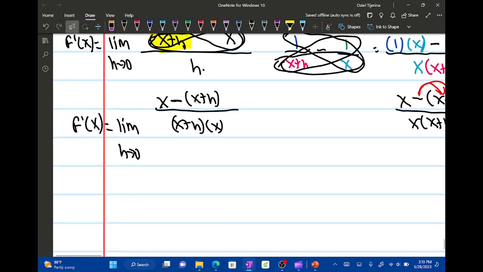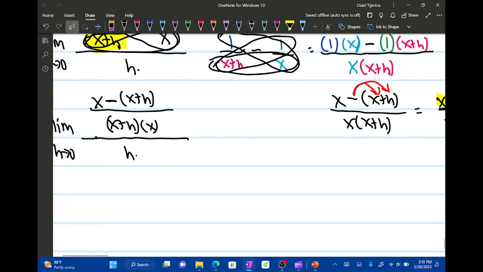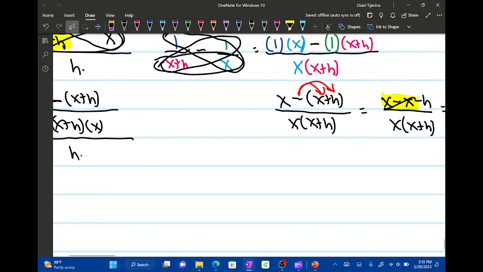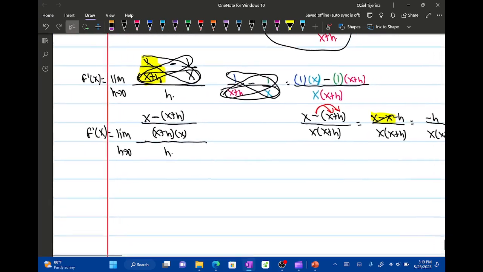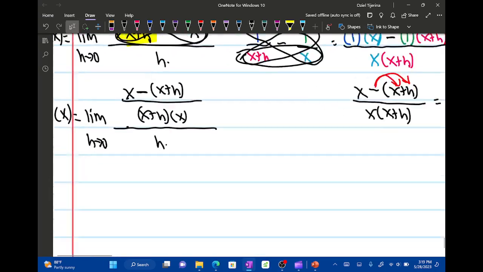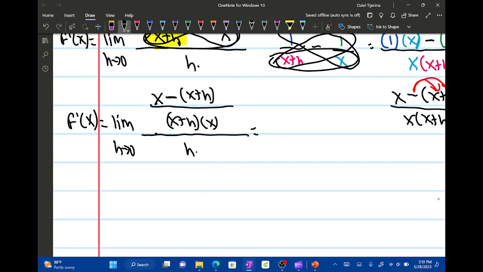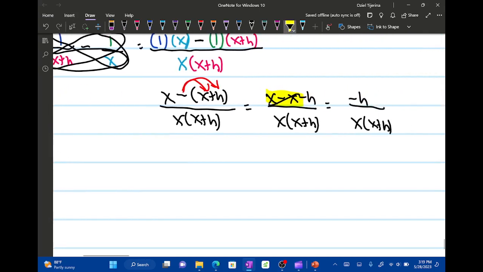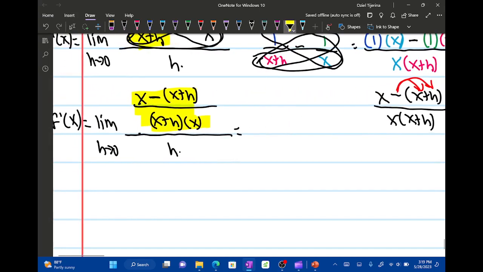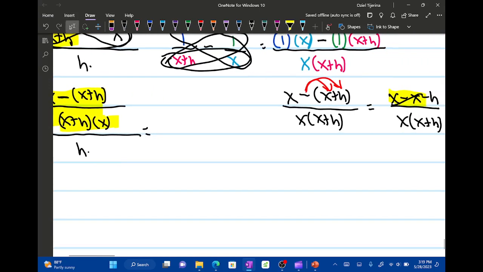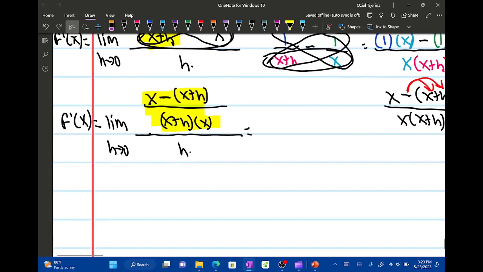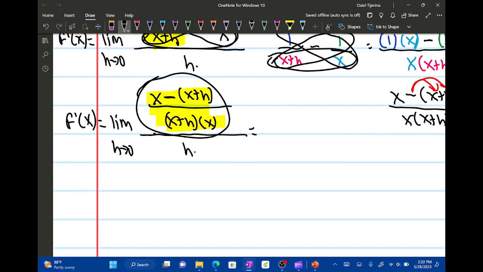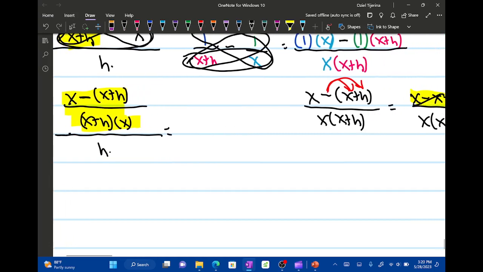Like I said, it's exactly what I got over here. If we look back, we simplified it over here, right? The reason I showed you this method is in case you didn't see it, I got the exact same thing here just by cross multiplying.